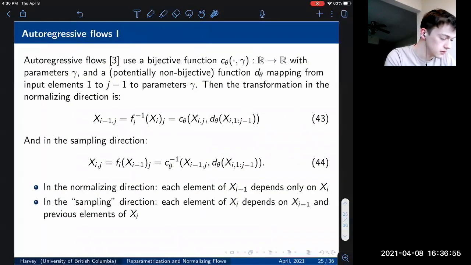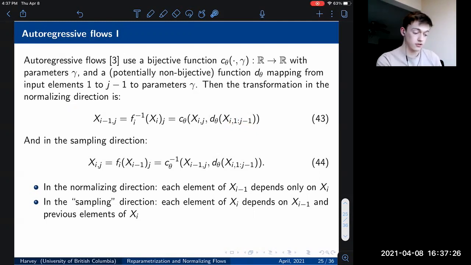We define the function that gives us each element of this vector as depending on the element j in layer I, and also, at least in the normalizing direction, on all the previous elements 1 to j minus 1 at layer I. The thing to note is that in the normalizing direction, each element of xi minus 1 only depends on xi.